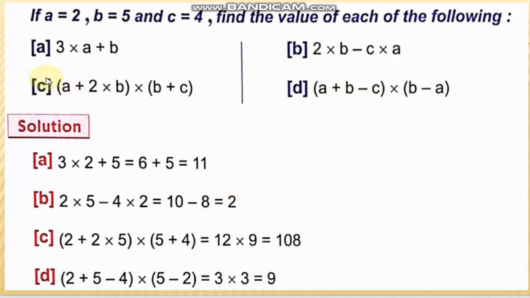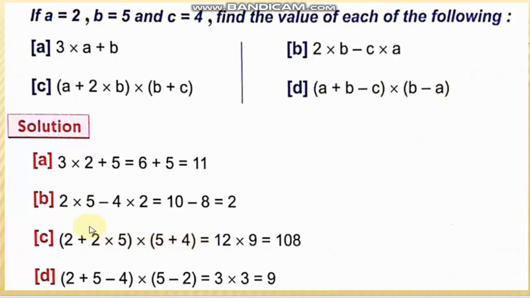Letter C: brackets around a plus 2 times b, times brackets around b plus c. The value of a is 2, then the sign plus, then 2 and the sign times, and the value of b is 5, times open brackets, the value of b equals 5 and the value of c equals 4.